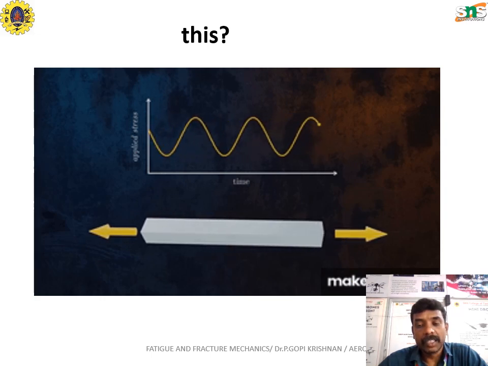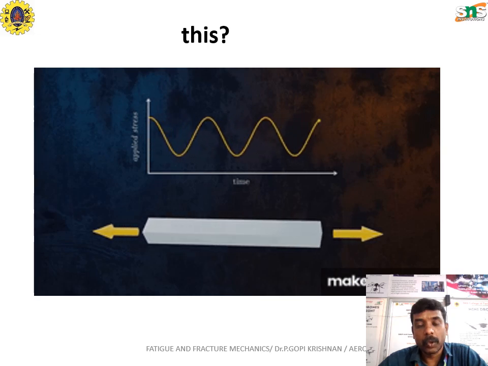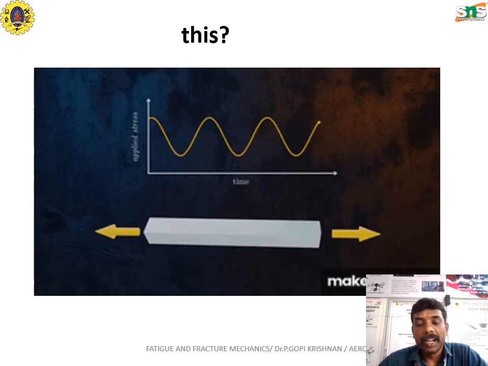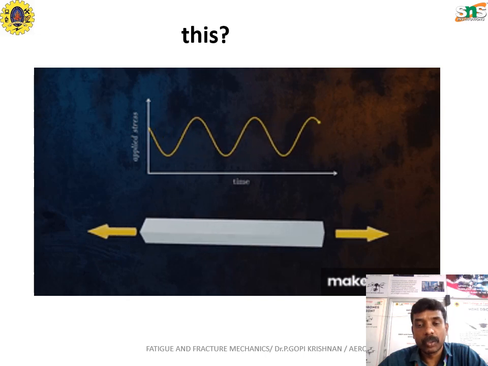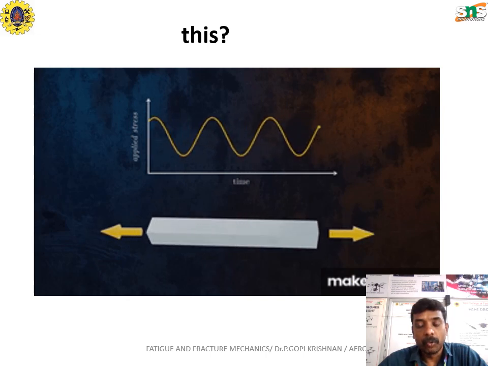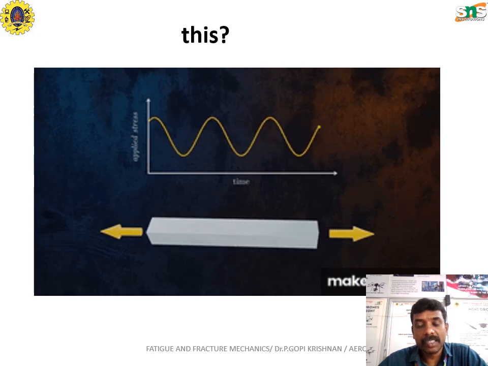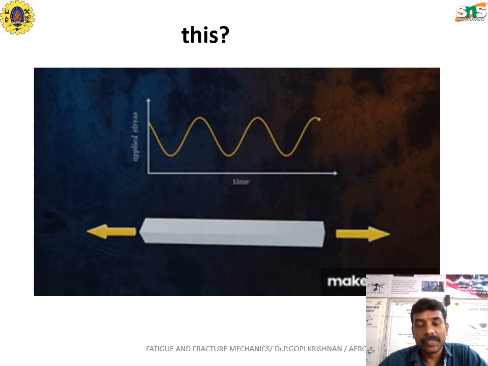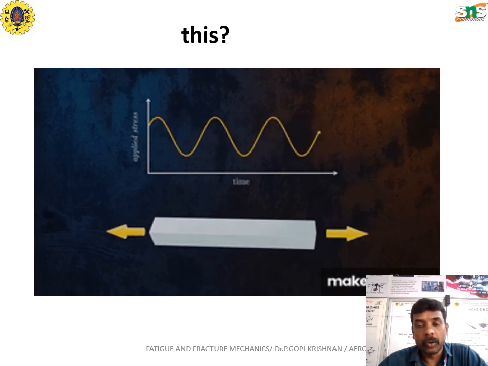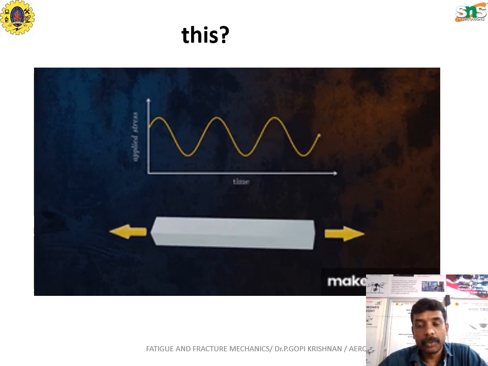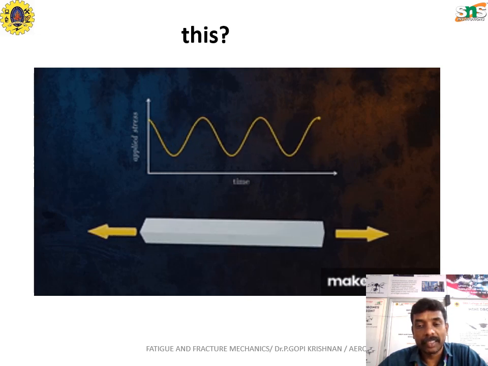So the component is subjected to tensile or compressive, or a combination of tensile and compressive, and especially this component is subjected to a tensile force moving outwards, and it is a repetitive stress, so that a cycle is formed. A cycle of loading of the component is shown here, and this is the perfect example for fatigue testing.